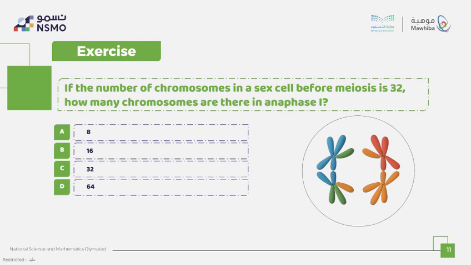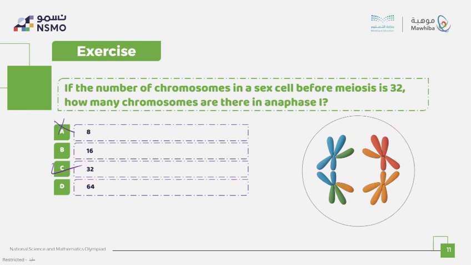The reduction happens only after completion of meiosis 1, when cells split. So the number remains 32 chromosomes during anaphase 1. So the right answer would be C. Do you get it, guys? Why? Because in A, 8 is too low, so this is wrong.